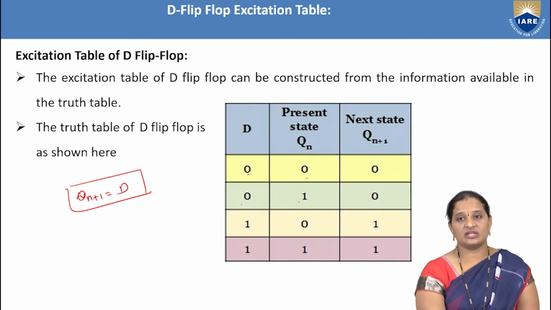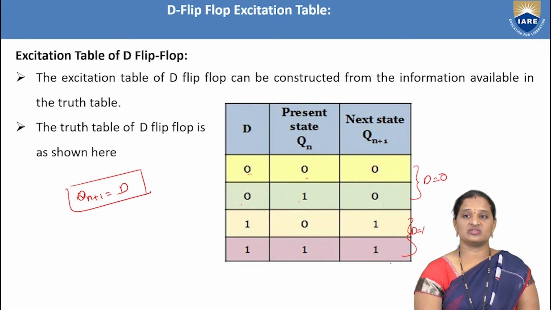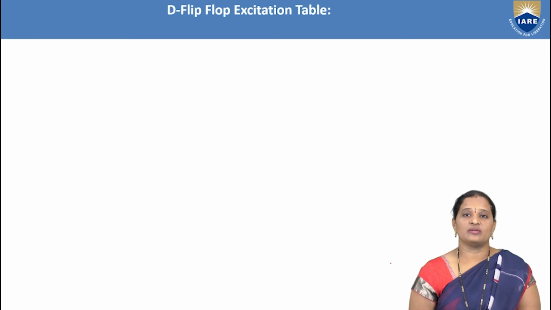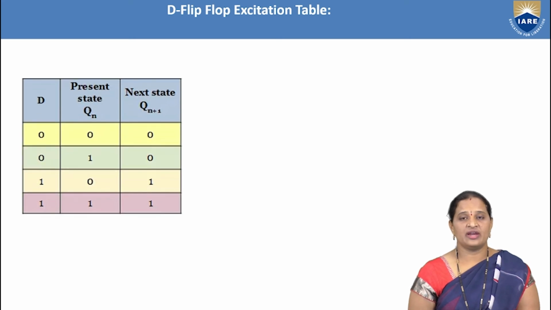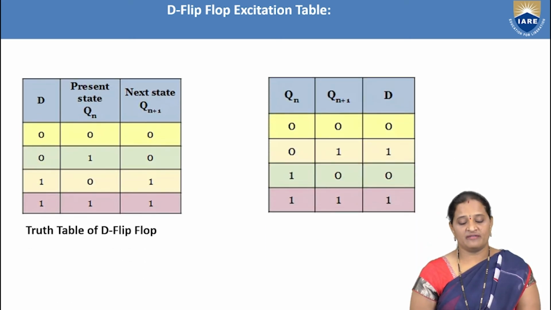As the data input is 0, irrespective of the present state, the next state will be 0. In both cases, the next state is 0, because D is equal to 0 here. And in both these cases, D is equal to 1, and Qn+1 is also equal to 1. So now we'll derive the excitation table of the D flip-flop here.